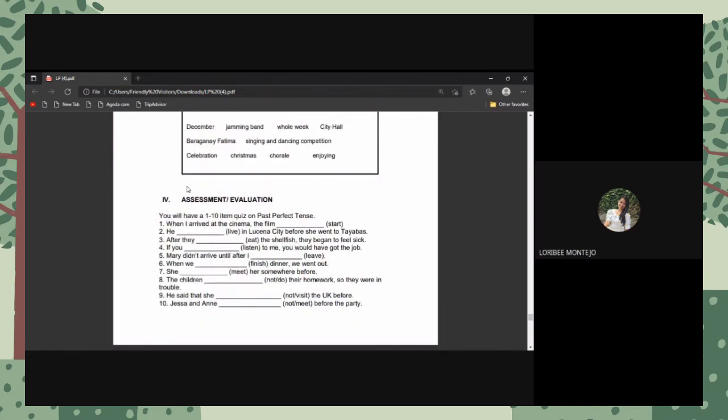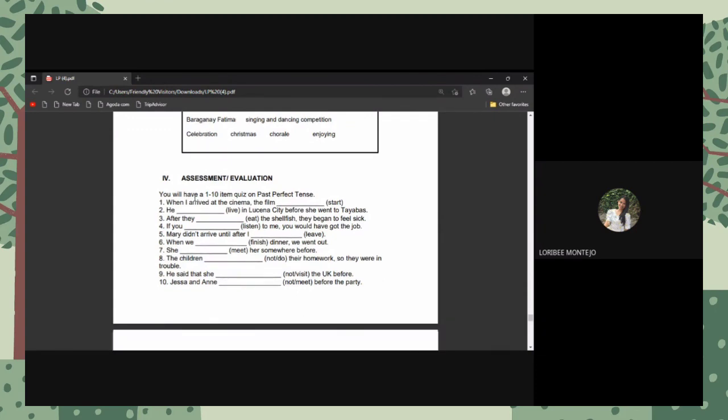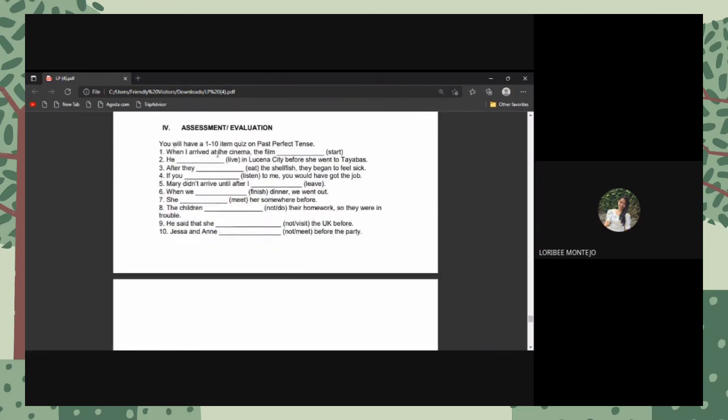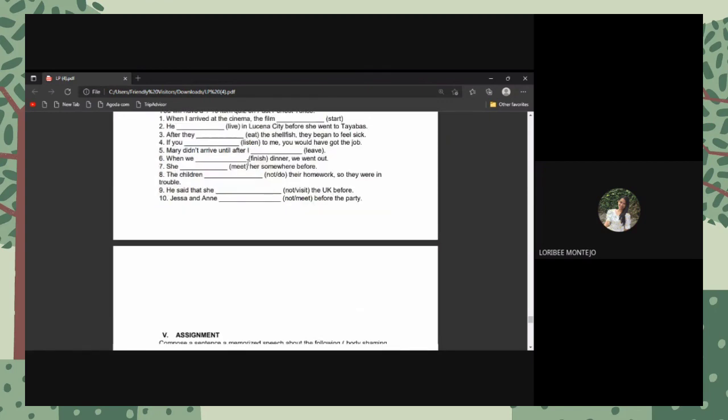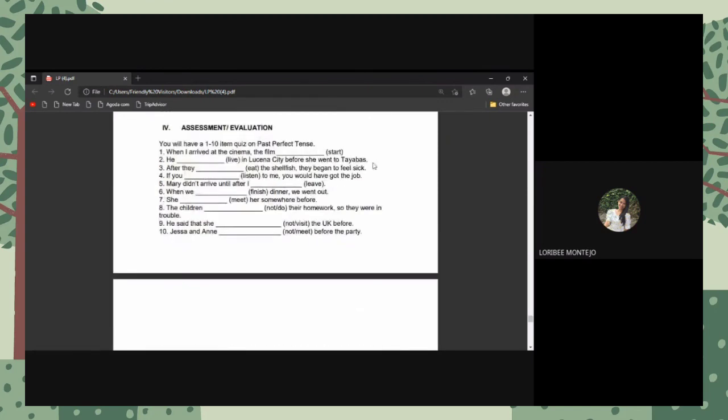In our assessment, we can also test the understanding of our students. I provided a 10-item quiz about past perfect tense. So here it is. All right.